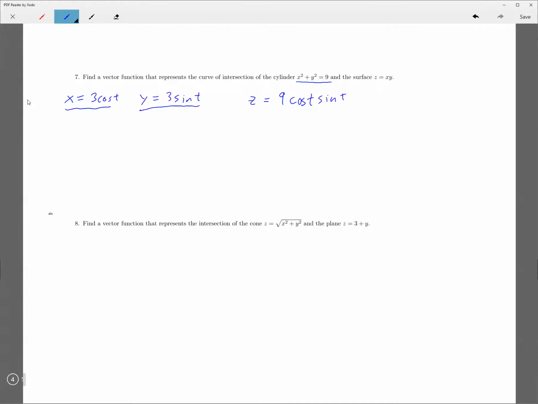And so basically, you're going to end up with r of t equals that, x comma y comma, well, oops. We'll have to put it in vector form. Okay, so 3 cosine t, 3 sine t, and then 9 cosine t sine t, like that. Okay, so I go ahead and put that answer in.